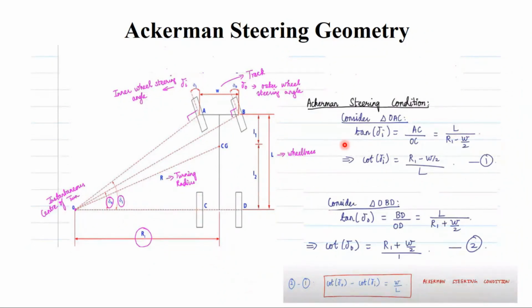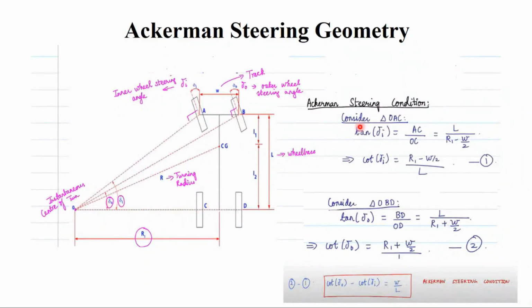Now we are going to write the governing equation, the angle equation. You see here, theta is nothing but the angle. First we go for del I, the inner wheel steering angle. When you take triangle OAC and the angle theta, tan theta is nothing but AC by OC.